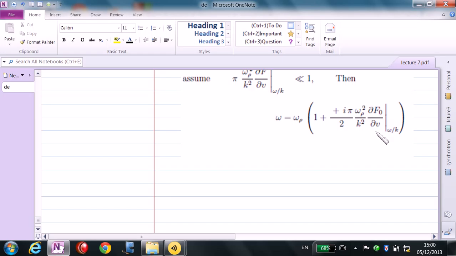Because in one dimension it's a Boltzmann distribution which decreases with v. Anytime df dv is negative, it has a negative imaginary part, which, by the way, is inconsistent with our assumption. Our assumption is that it had a positive imaginary part.